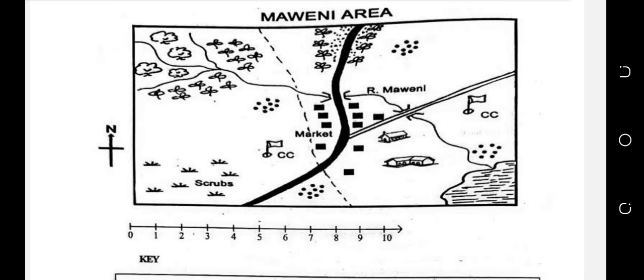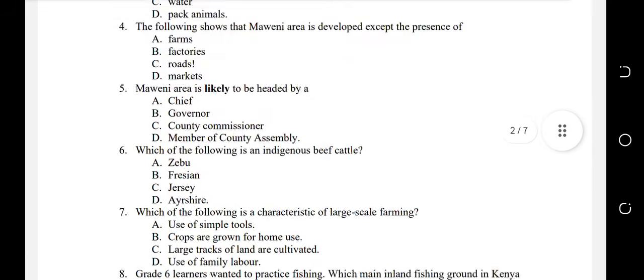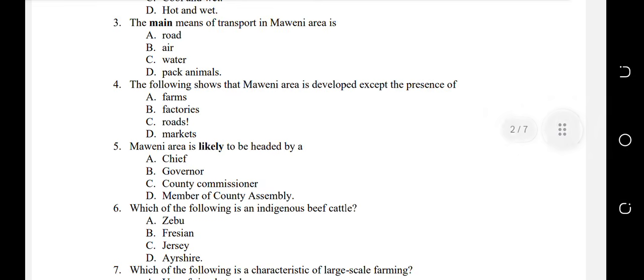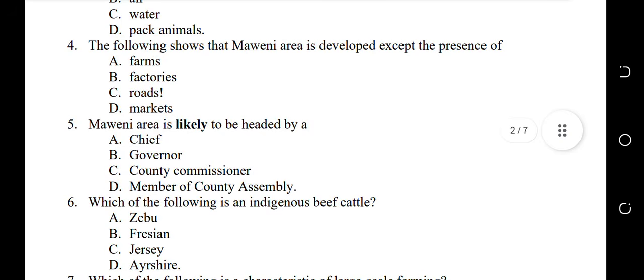The road, the market, the farm, because we have the coffee. But we lack one thing that shows development, which is the factory. So let's go back to the answers and check. We lack the presence of factories. So that is choice B.